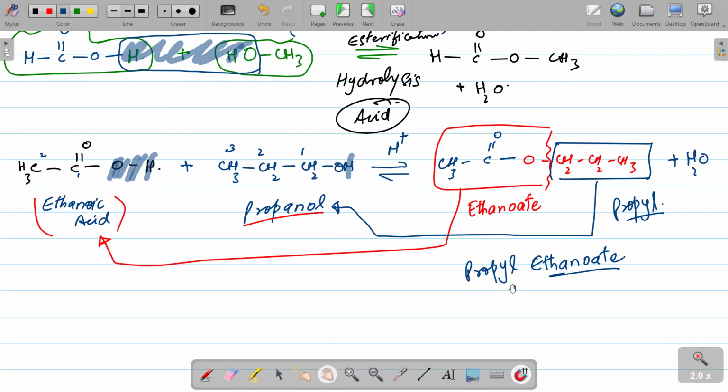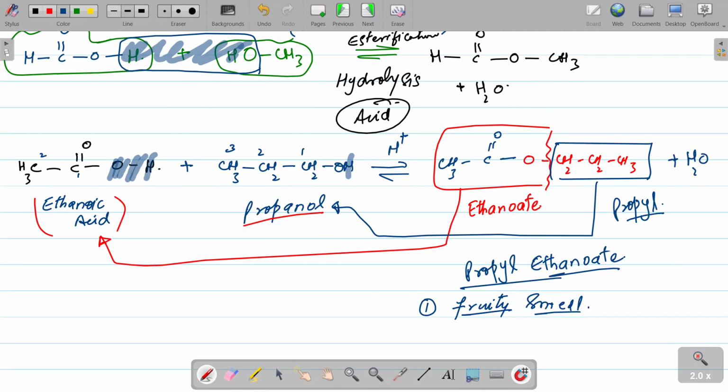And remember one thing, all these esters, they have a very unique property. They have fruity smell. So these esters, they are also used as flavors. Clear? So they have fruity smell, and that is very clear distinction or characteristic property of these esters.